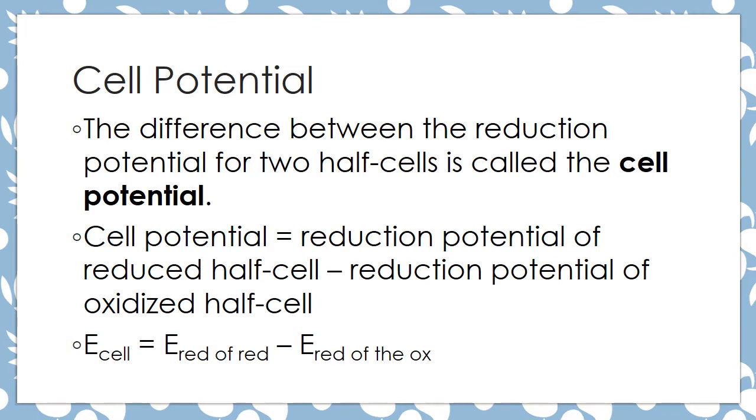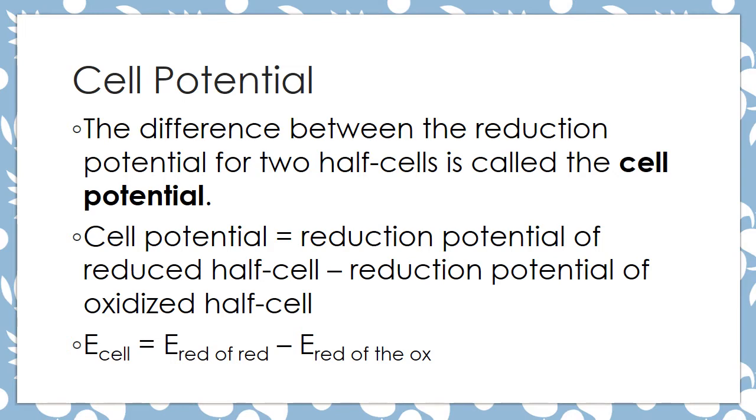Now remember, in a cell, or in a half cell, you have oxidation occurring in one half cell and reduction occurring in the other half cell. And when you put the two cells together, then you have a full cell, a voltaic cell, in which electrons go from the oxidation half cell to the reduction half cell.